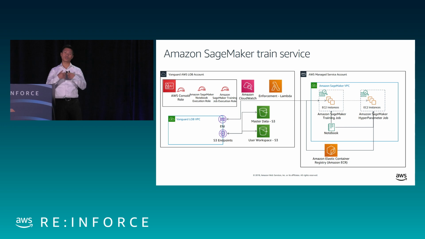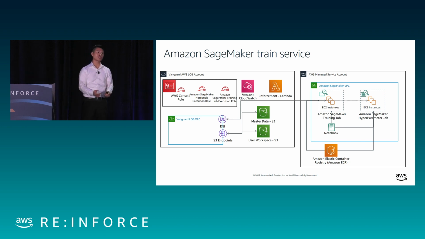So the SageMaker training job can create the infrastructure, train on the data, and save the model artifact in the S3 bucket. The challenge here is we don't have a Service Catalog product to enforce security configurations like we did with the notebook. So to solve the problem, we use a CloudWatch event and a Lambda function to do the security enforcement for us.